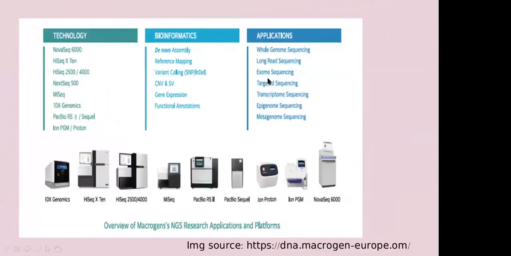So these are the various platforms of sequencing. We have small sequencers like MinION and even PacBio, and then we have a very big sequencer like NovaSeq. These are the platform machines that do sequencing for us, and these are some bioinformatic approaches.